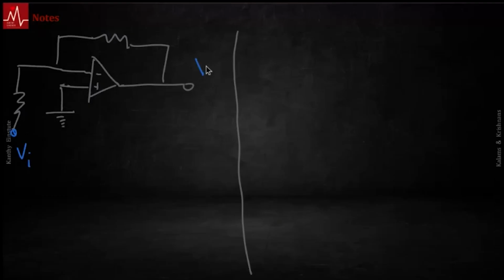We know that VO by VI is minus RO by RI, where this is here RO, this is here RI. And the voltage is supplied to this terminal. The other terminal, the non-inverting terminal, is grounded.